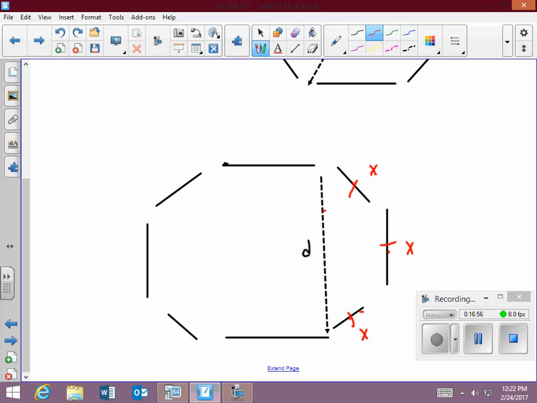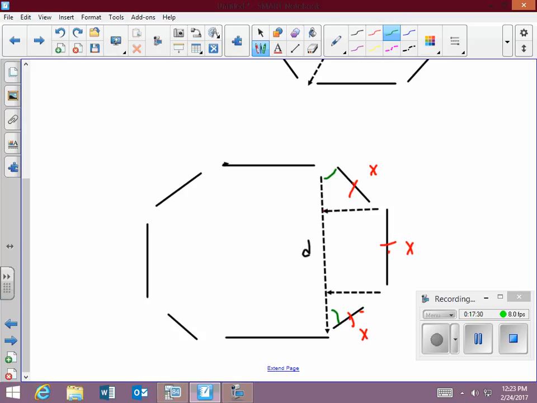Anyone got any idea? There's going to be a height in this trapezoid, right? And it'd be nice if we could figure out this angle right here, and this angle.